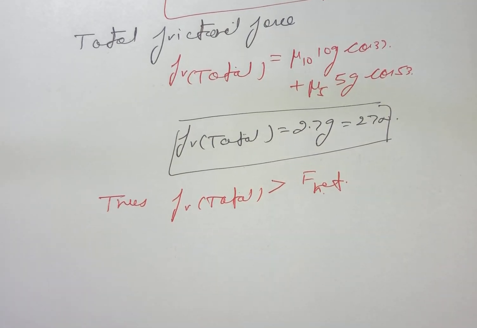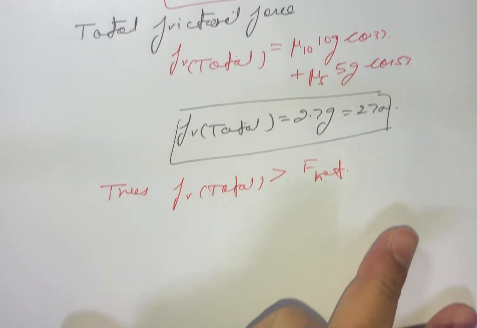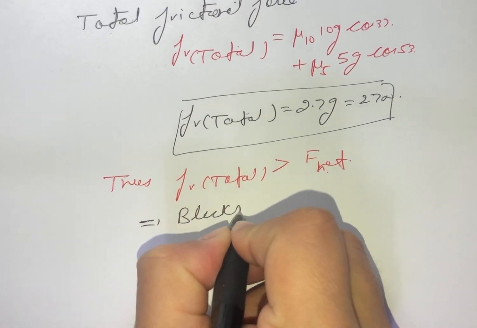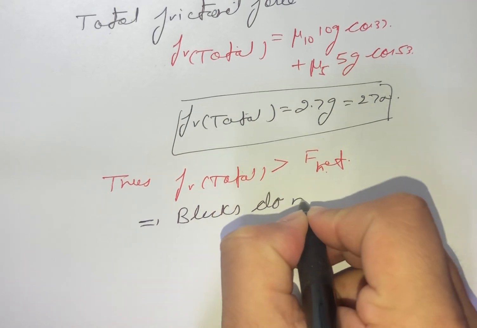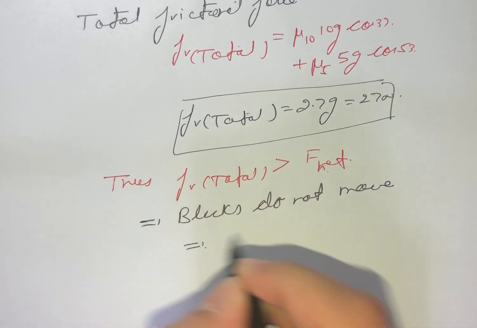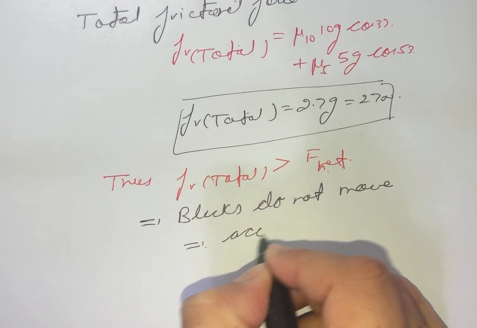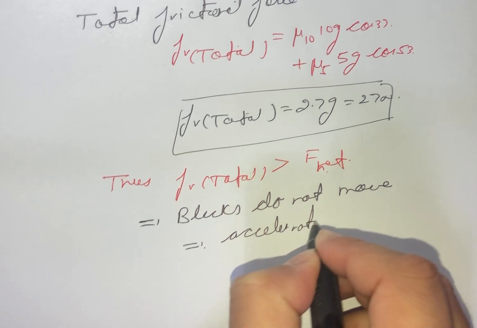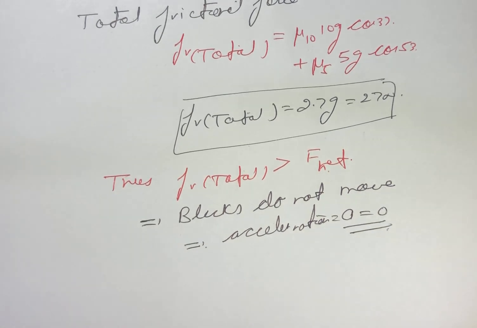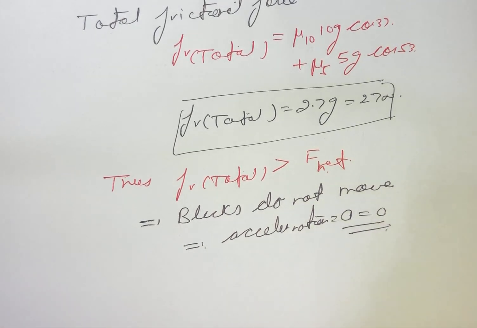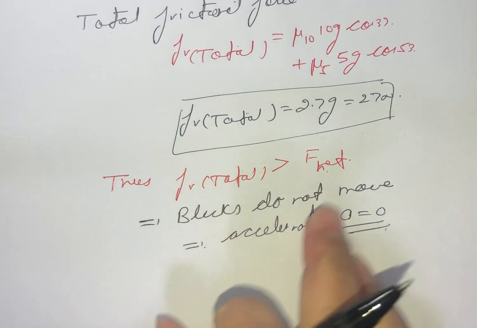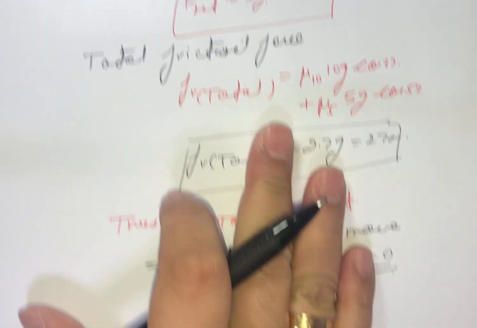Therefore, the blocks do not move, or from here we can say the acceleration a will be 0. So by comparing the frictional force, we are able to find out that the acceleration will be equal to 0.